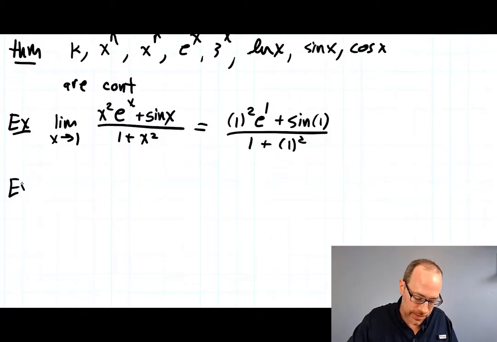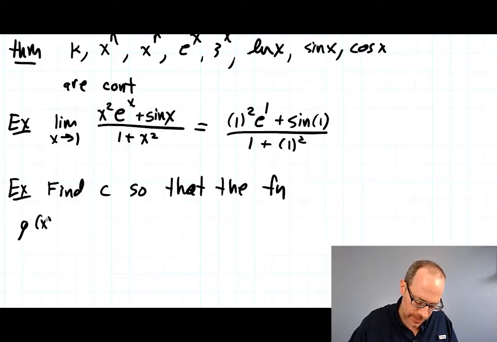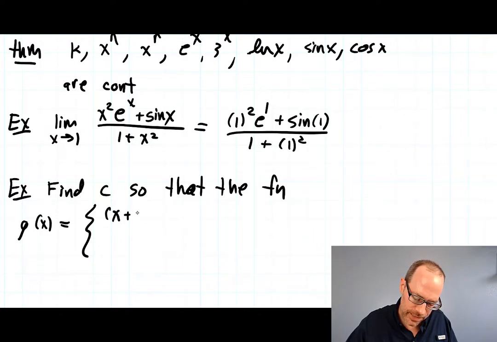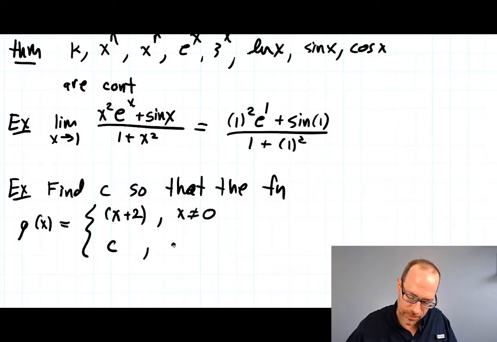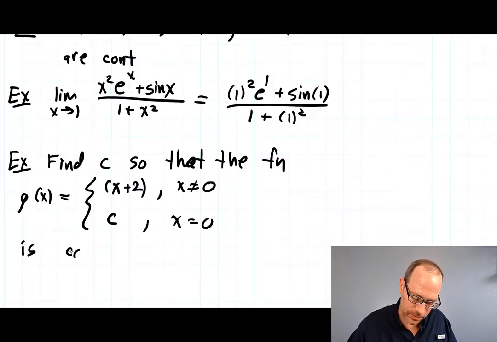For instance, find the value of c so that the function g of x, which is normally equal to, let's make it x plus 2 when x is not 0, and make it c when x is 0, so that this function is continuous.